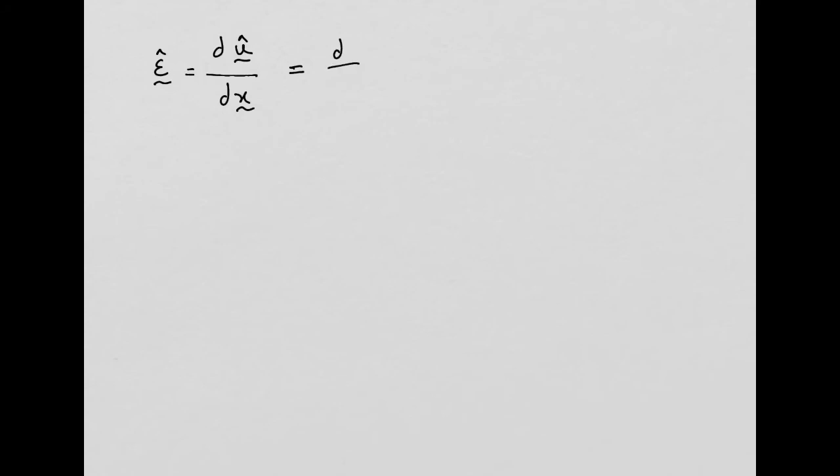So derivative in order to x, y, and z. Now my approximated displacement is going to be given by the matrix of the shape functions times my vector with degrees of freedom, or the vector with my unknowns.